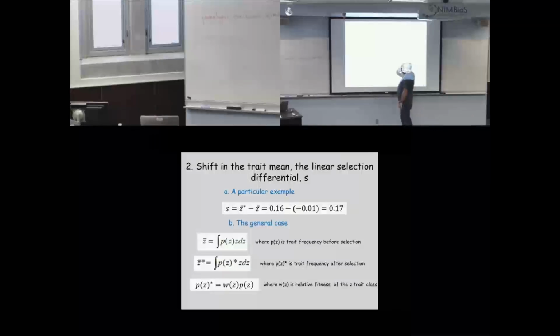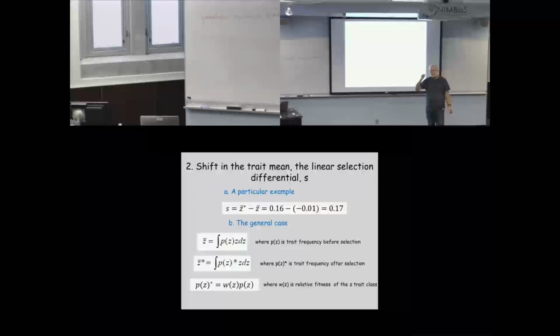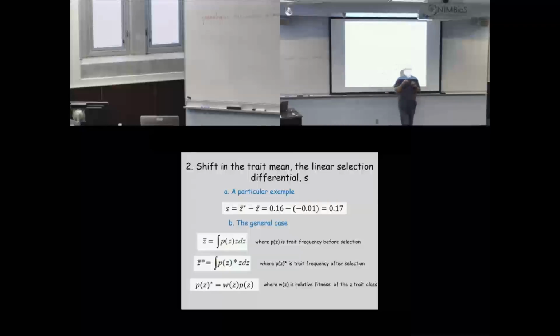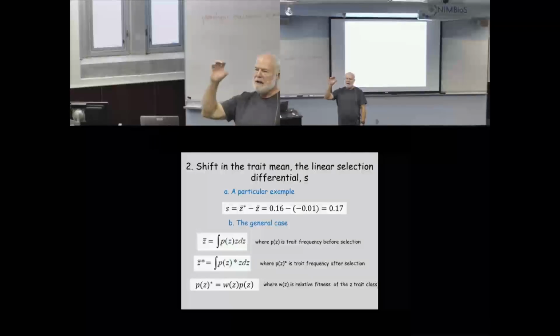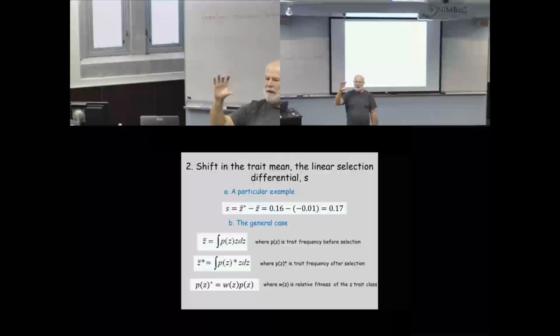So let's look at these expressions. Let's start with Lande's way of writing the mean of a trait. Think about a sample of individuals, and you're going to take the mean. One way of calculating the mean would be to take all of the trait values and order them. Then take all of the individuals with a trait value of, say, 1, and say, here's the proportion of individuals in the sample with that value.